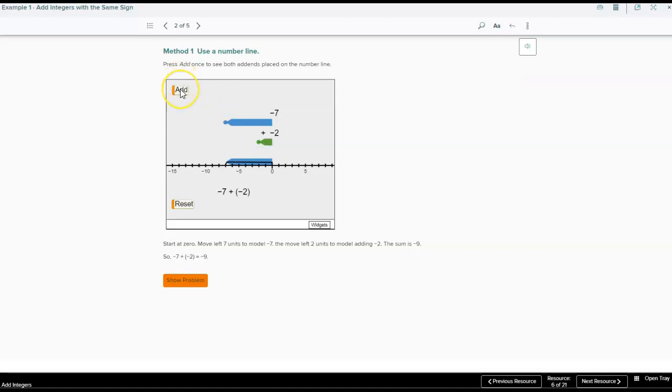Then it adds -2. So the 7 and then the -2 equal -9.